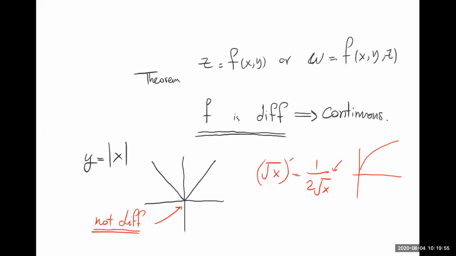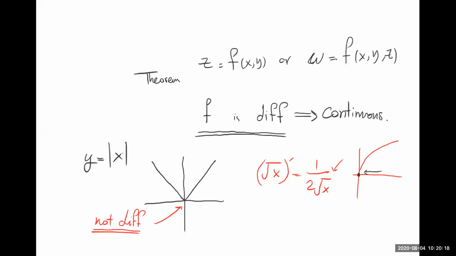You are right. We can define only the so-called right derivative, and the right derivative at 0 is infinity. So you're right, that is true. Thank you. Another example is the absolute value of x, which, as you can see, is broken.